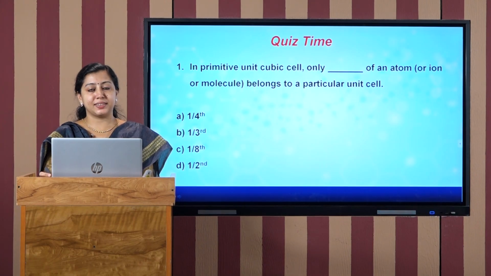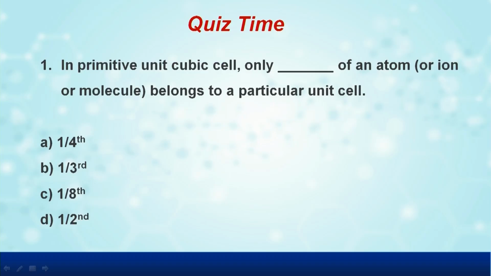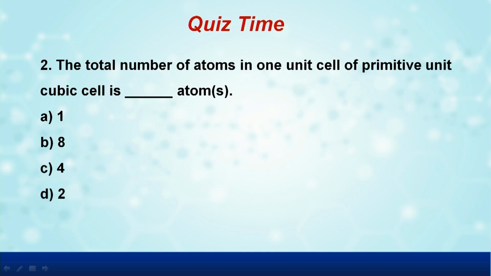Now, let us discuss some assignment questions. Question number 1, in primitive cubic unit cell, only dash of an atom or ion or molecule belongs to a particular unit cell. The given options, we have 1 by 4th, 1 by 3rd, 1 by 8th and 1 by 2nd. Second question, the total number of atoms in one unit cell of primitive cubic unit cell is dash atoms. You have to calculate the number of atoms in a primitive unit cell.